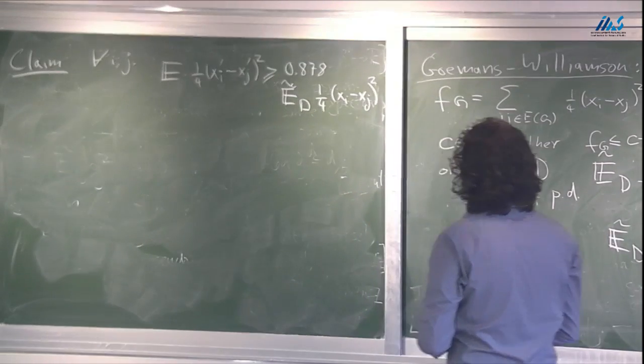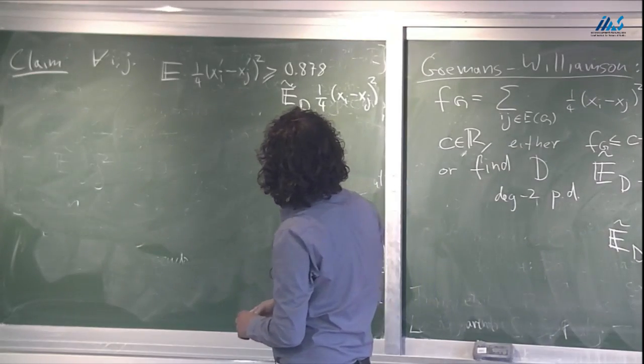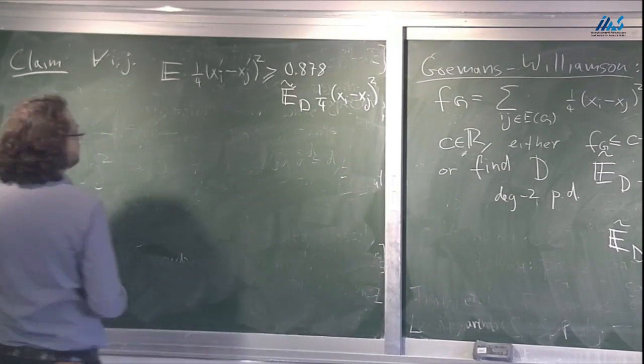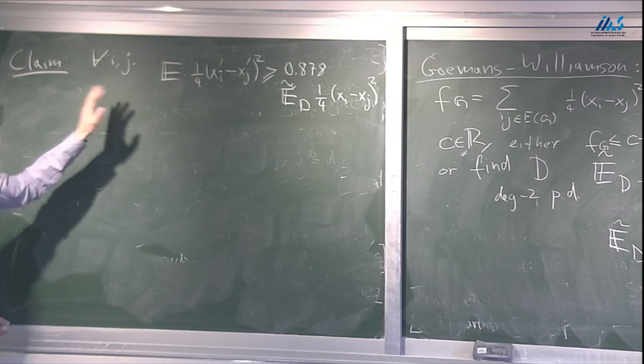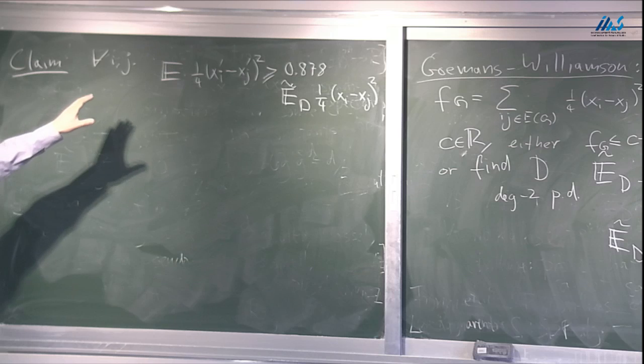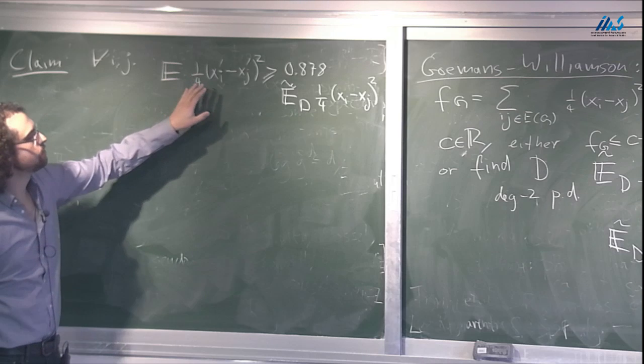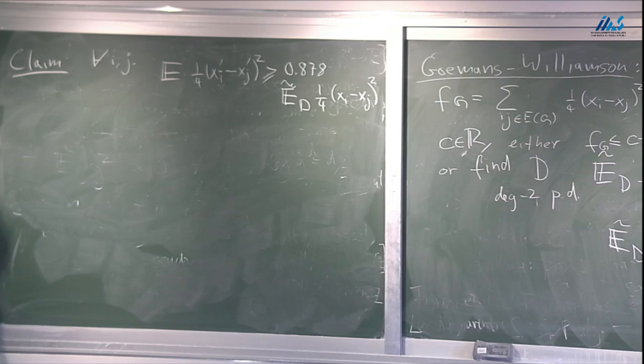I think the most important observation about this question is that it's just a question about two variables. So it shouldn't be hard, and actually, with a little bit of work, it's just a question about one variable.